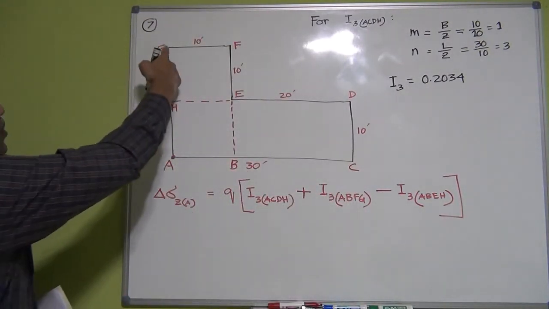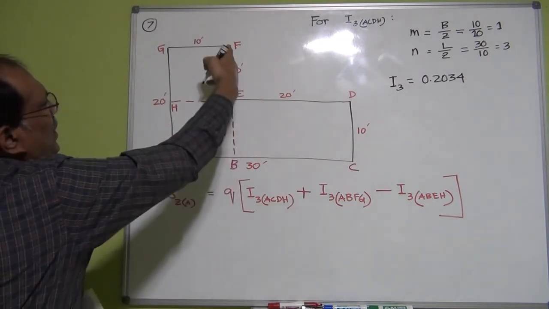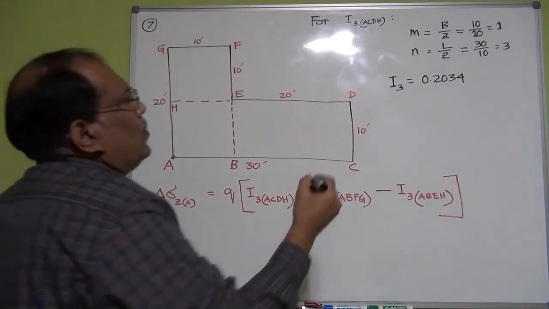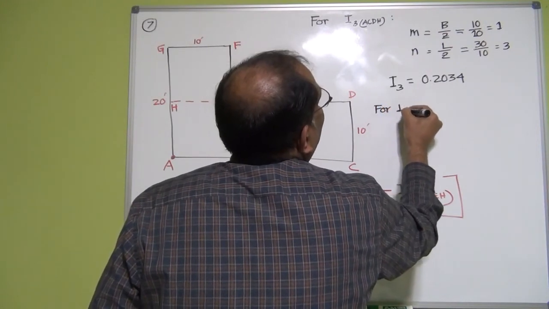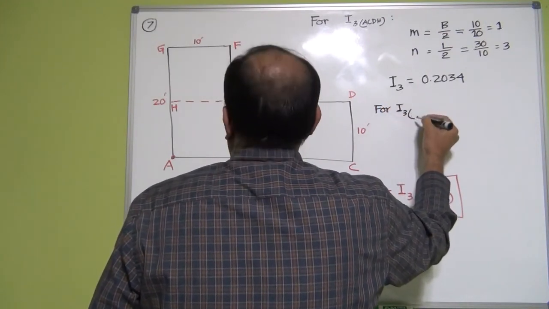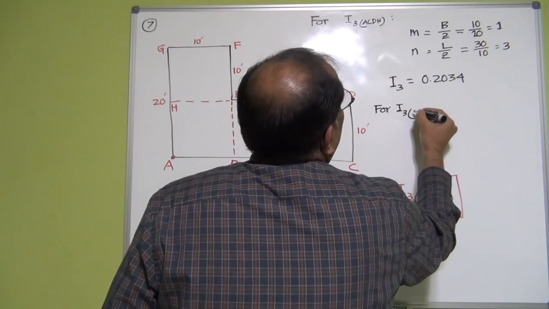Similarly, we can find what would be I3 for ABFG.